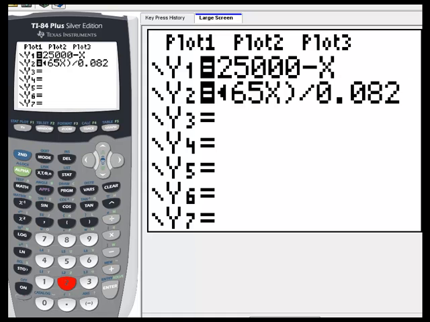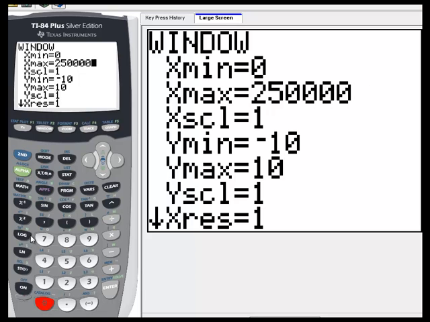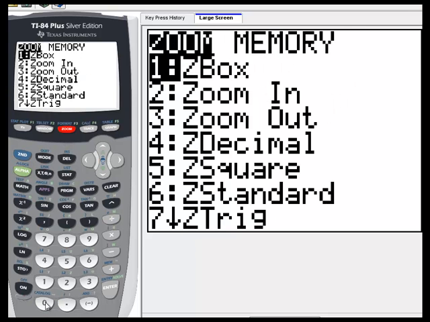So we might as well set up a window that has that to begin our graph. So here at the window, x min 0, x max 25,000. And now don't worry about trying to think about the corresponding y's. Just go ahead and have the calculator take care of the rest for us with a zoom fit.